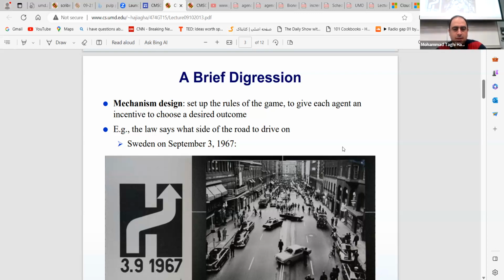I believe it was midnight that the rule changed, and you see the chaos that happens on the streets. So that is which side of the road in practice. It is important that even 1 minute in the middle of the transition can bring lots of chaos essentially.